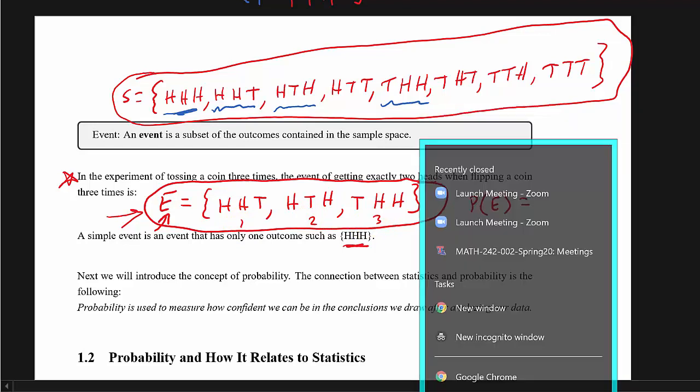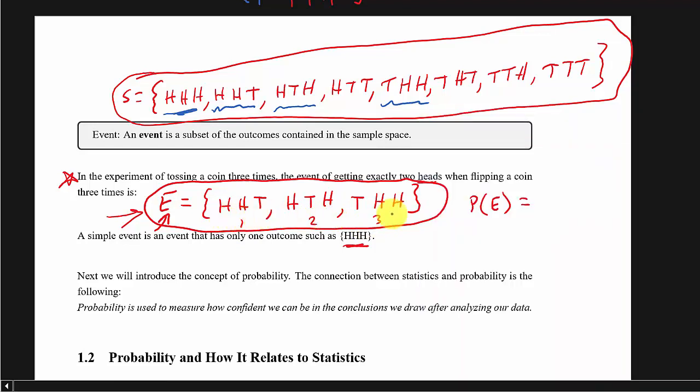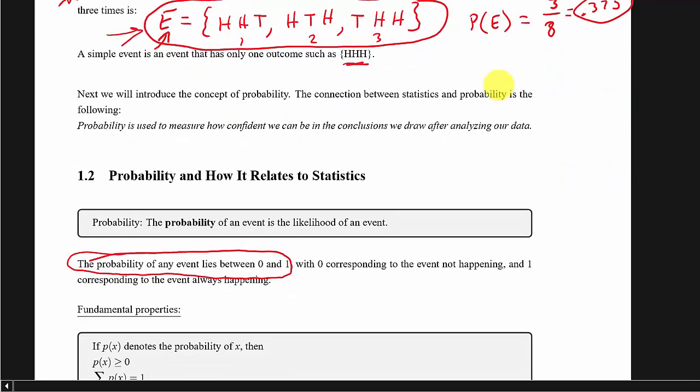That's all the different ways that we can get exactly 2 heads. So that's the number of successful outcomes divided by the number of possible outcomes. The number of possible outcomes is how many outcomes are in the sample space up here. And how many were there? 8. And so that's 3/8, or 0.375, is your probability. Okay.